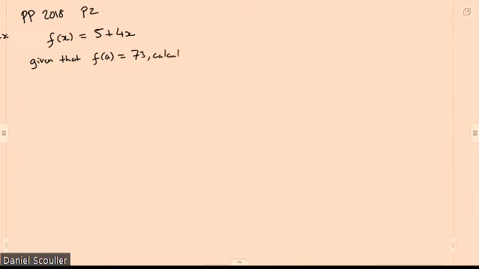What they wanted you to do is rewrite it essentially. That's having cubed. No, 73. So that function equals 73.